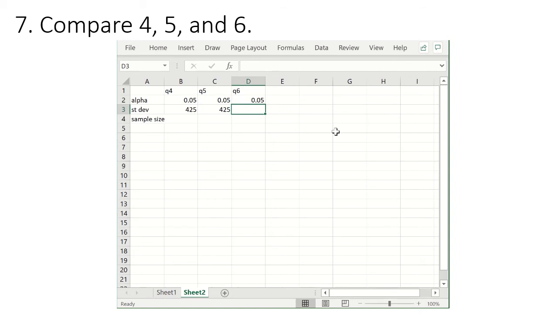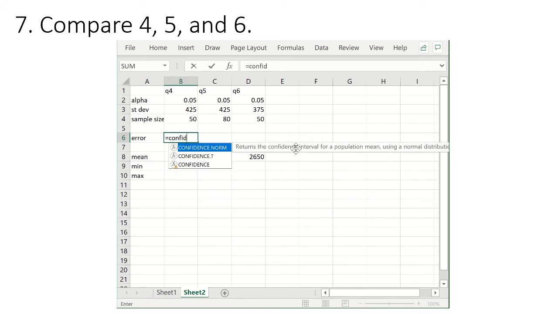Same goes for the second, but it went down to 375 in question 6. The sample size was 50 in the first one, 80 in the next one, and then back down to 50. So we're going to find our margin of error and then use our mean to get our minimum and our maximum. Our mean for all of these was 22,650. So we'll go ahead and plug that in, and we're ready to start filling in using our formulas.